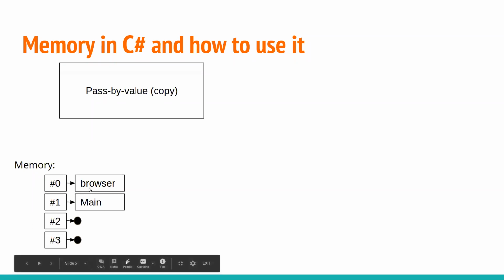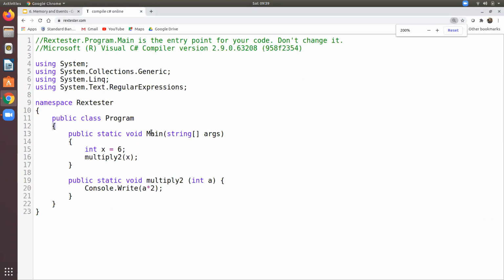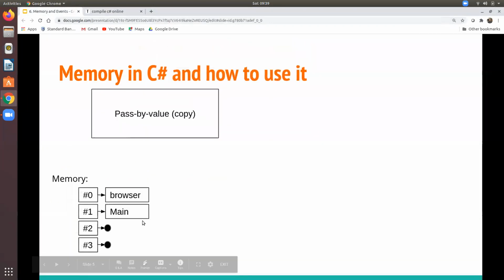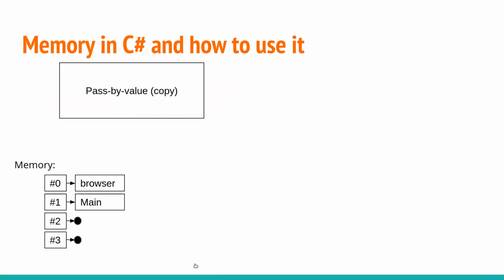In address 0, I might have my browser open, or any application. In address 1, we maybe have the main method, right? The main method where our C# code starts running. That's the main method. Okay. And you can imagine the computer's memory in practice is much larger than this, and a lot can be going on.